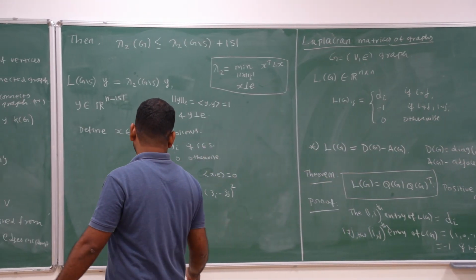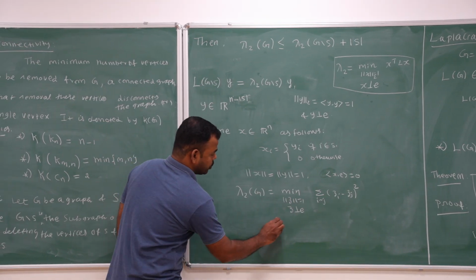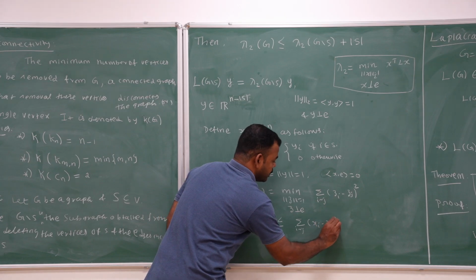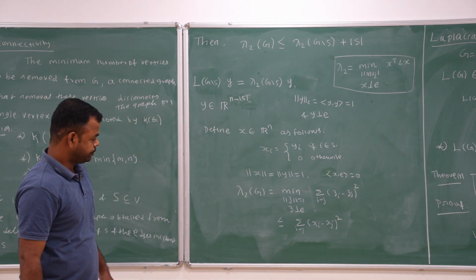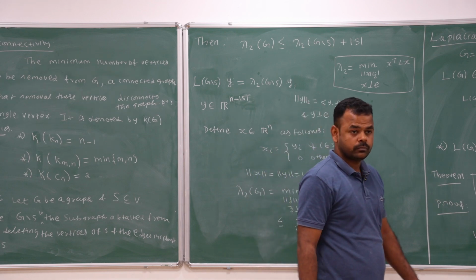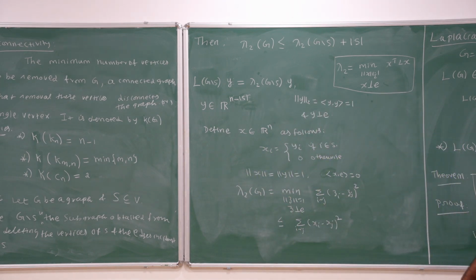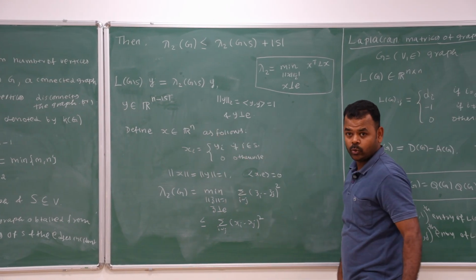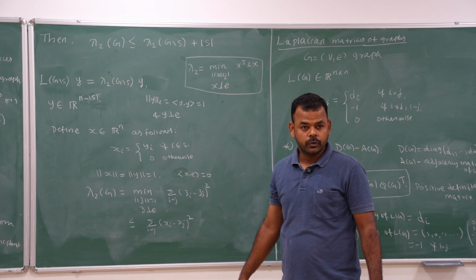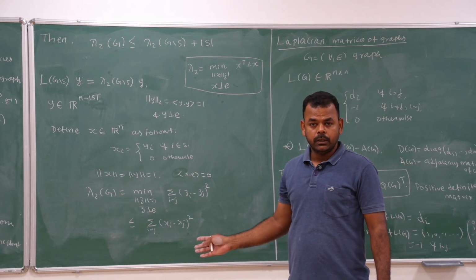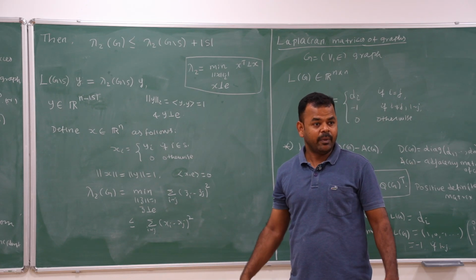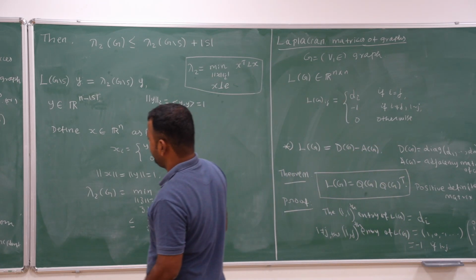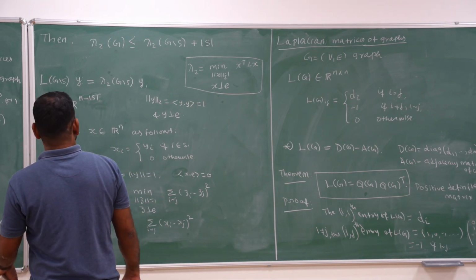This x is a particular vector in this collection, so lambda 2 is less than or equal to the summation over i adjacent to j of (x_i minus x_j) the whole square. Now what can you do? Part of this sum you can replace by lambda 2 of G minus S. So we split the sum into two parts: one part corresponds to all the edges which are part of G minus S, and then whatever is left out.